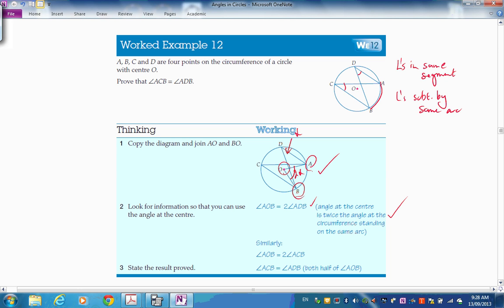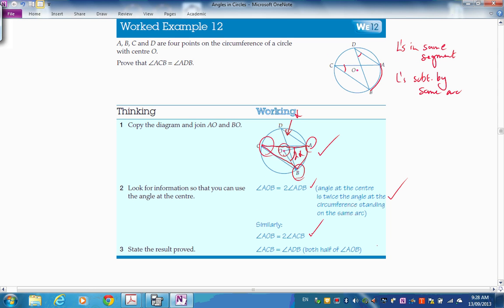And also, because that's the angle at the centre theorem, is twice the angle at the circumference, subtended by the same arc, and the same thing here. Okay, because that's another angle sitting on that arc, but at the circumference. So that angle, AOB, is twice that one as well. If it's twice each of them, therefore those two must be equal.